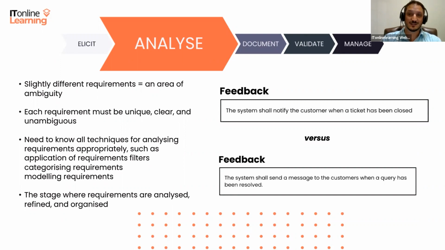There's another activity that we'll do during analysis, and that is the prioritization of requirements. Here we need to take the requirements that we have elicited, the ones we've gathered, and define which are high, medium, and low priority.